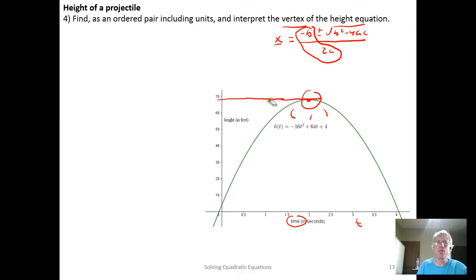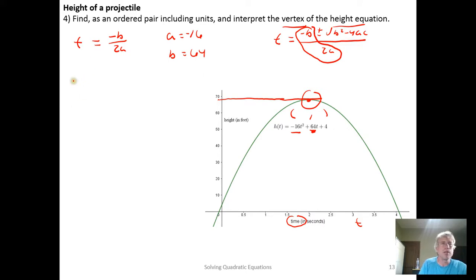In this case, we don't have x, we have t for time as our input variable. So we want t equals negative b over 2a, and we know from our equation that a is equal to negative 16 and b is equal to 64.